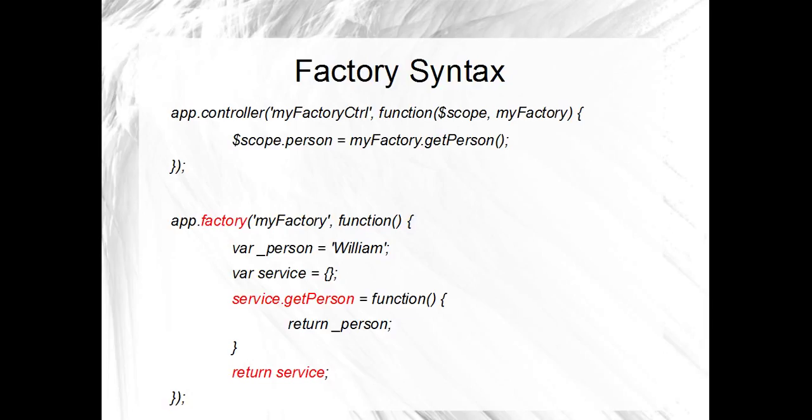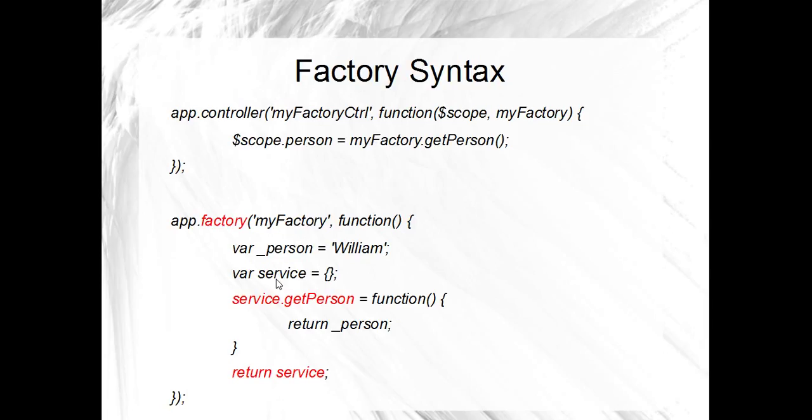So here you could see how a service can be created and registered using a factory approach. The key differences you could notice are that app.factory is the method which enables us to create a service, and here we are using the service name myFactory.